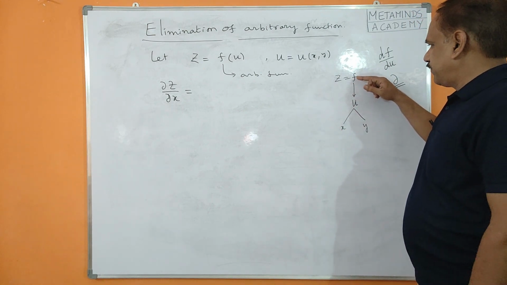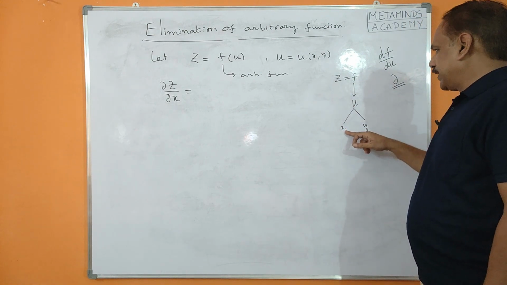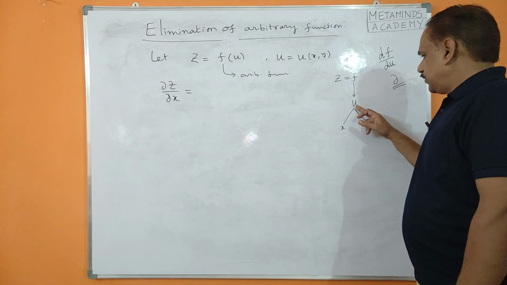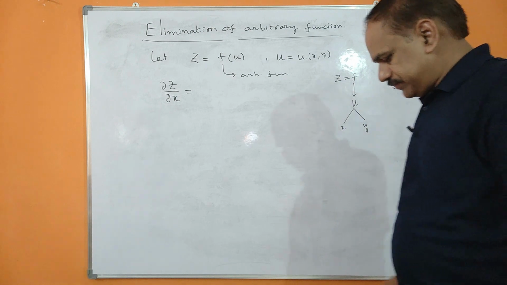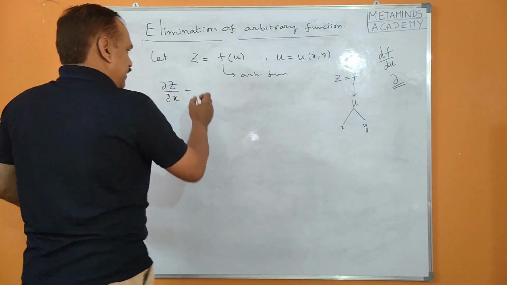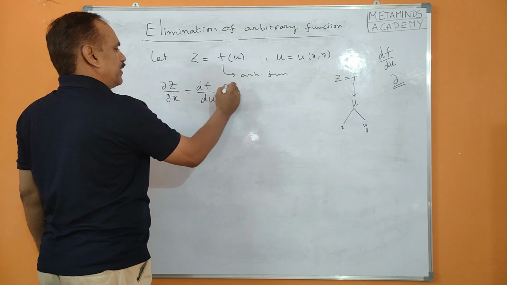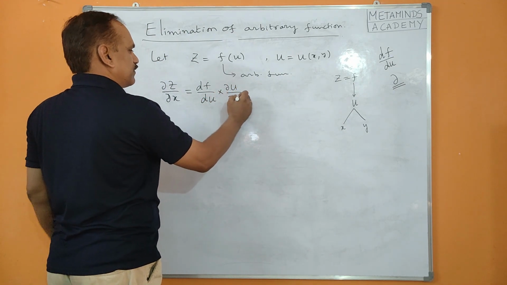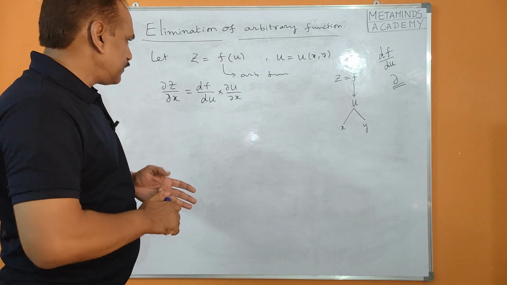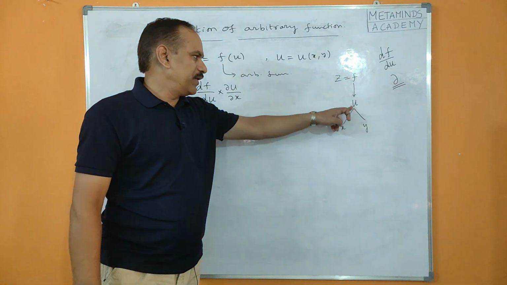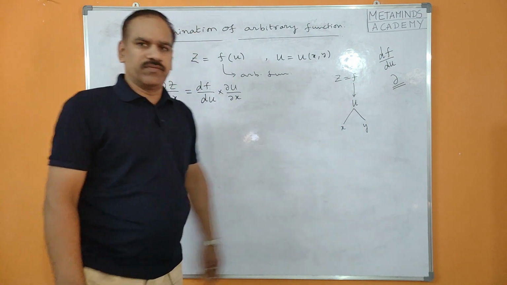So to differentiate f with respect to x, first we differentiate f with respect to u and then multiply by u with respect to x. So it is df by du multiplied by dou u by dou x, because u is a two variable function.